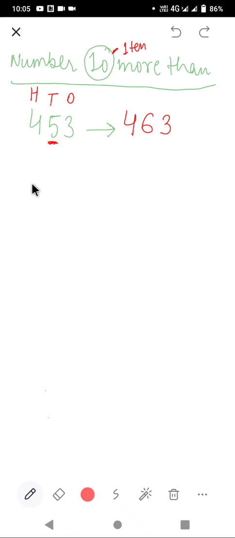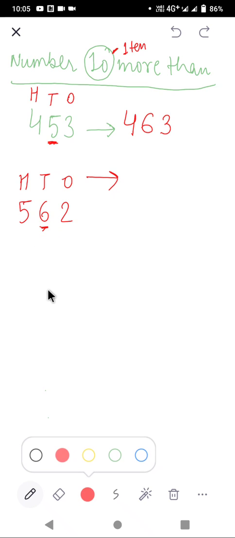Let's take another example. Here we have the number 562, and we need to find out the number which is 10 more than this number. So just add 1 in the tens place digit.